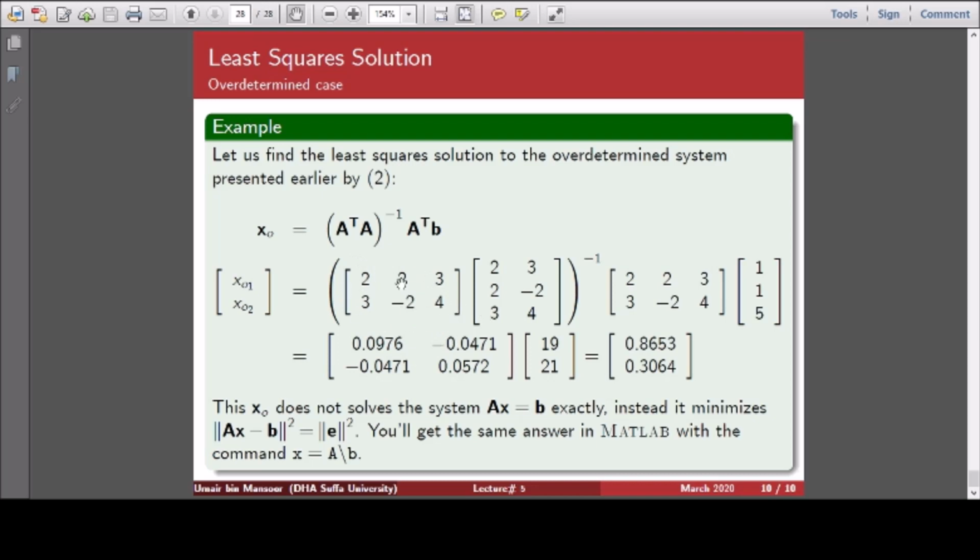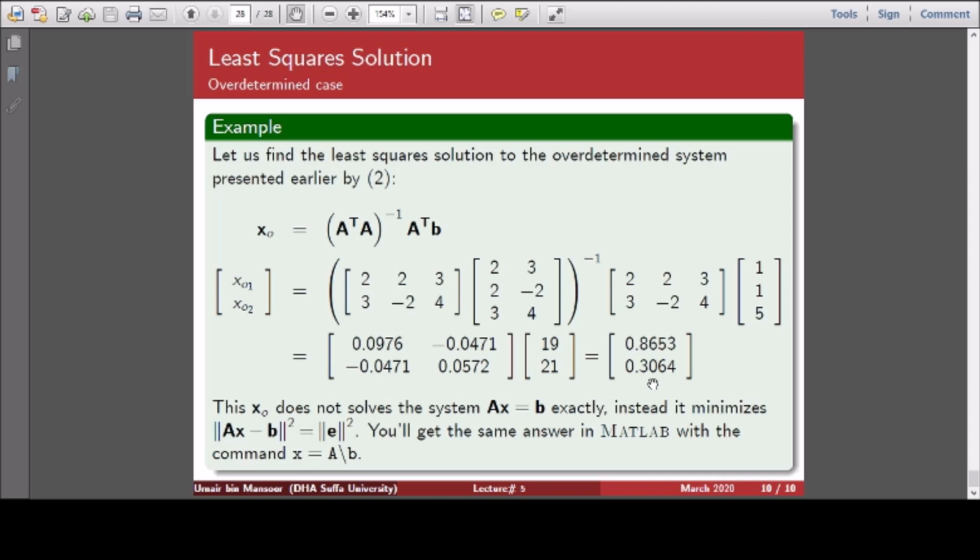Since this is a 2 by 3 and this is 3 by 2, we can have a product. So the answer would be a 2 by 2. So this is the answer, but this is the inverse. So in the next step we have taken the inverse as well, and we can multiply A transpose by B. Since this is 2 by 3 and this is 3 by 1, we can have a 2 by 1 vector, which is this one. So 2 by 2 multiplied by 2 by 1 will get a 2 by 1. So this is your answer, X optimum, X O or X naught.